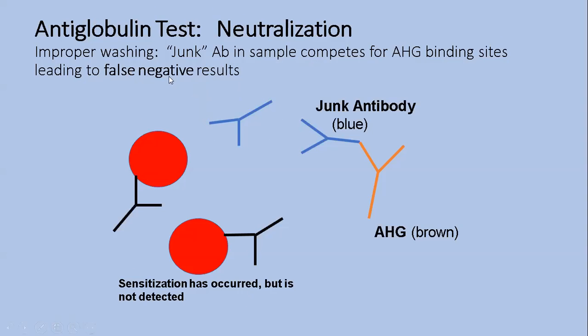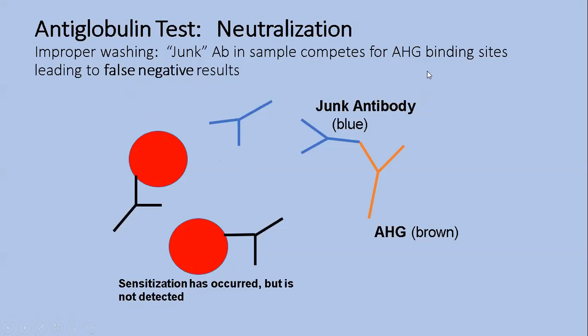In this tube, we have an antibody that's attached to a red cell and one here, but there's no lattice formation, the second stage of agglutination, and so we're unable to see this, which is why we've moved on to the antiglobulin test. So unfortunately for us, we did not wash properly, and so there's this free junk antibody that's just floating around in the tube with our immune complexes as well.